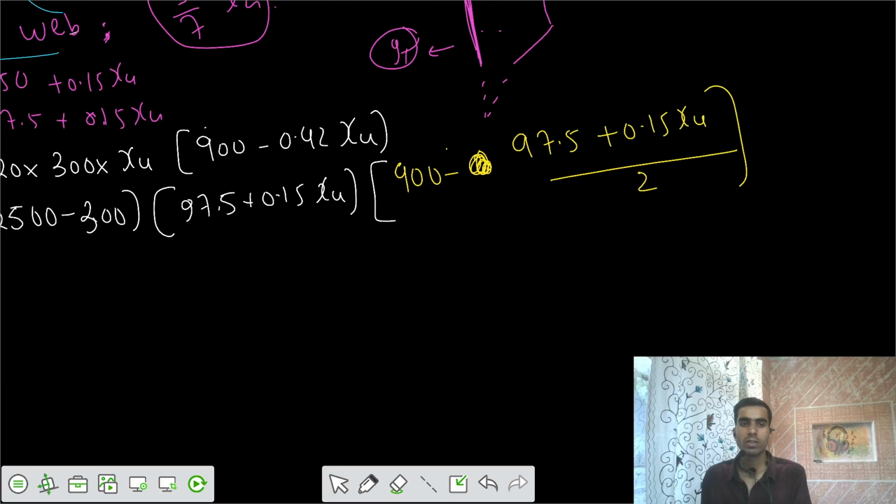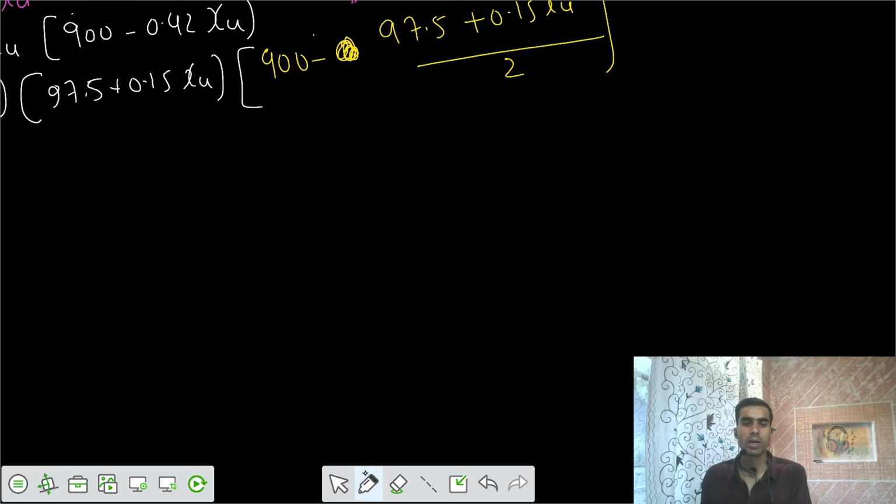Firstly, we need to solve this part. It has 4 parts, so we need to solve 97.5 into 900. Then one more part, that's 97.5 into minus 97.5 divided by 2.